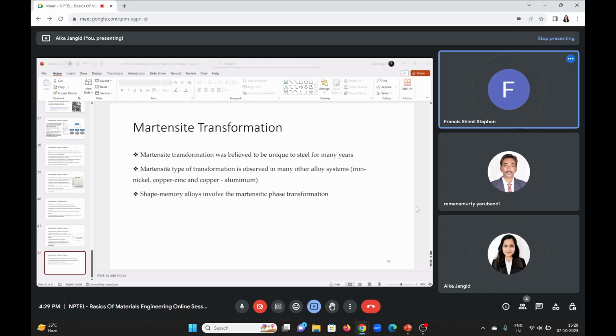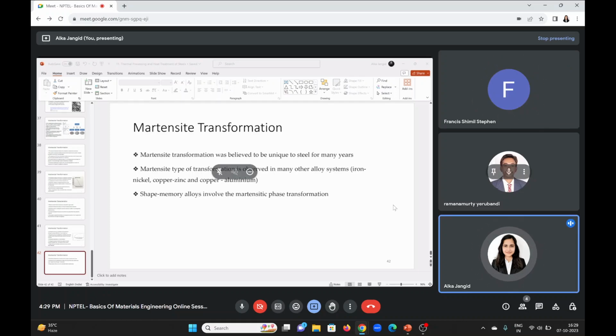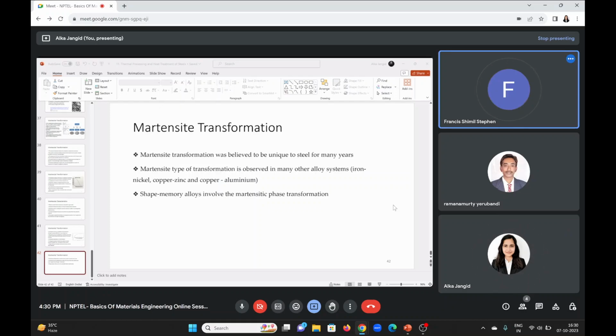Yes, it is a phase mixture. It is not a single phase when you talk about pearlite. A single phase will be only iron or ferrite or Fe3C separately. Individually, these are single phases.